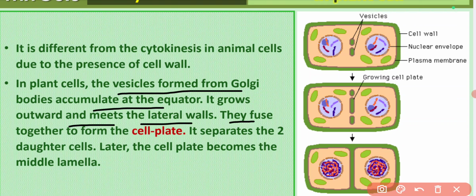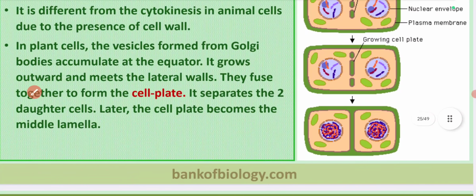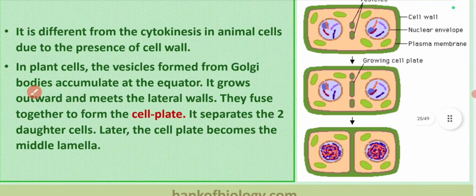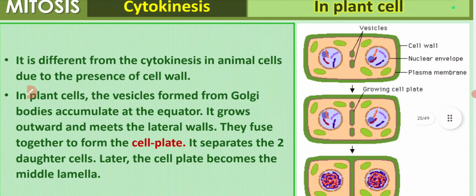They fuse together to form the cell plate. You can see the growing cell plates, made by vesicles from the Golgi bodies. It separates the two daughter cells, and later the cell plate becomes the middle lamella. This occurs in plant cells, while in animal cells a cleavage furrow is formed.